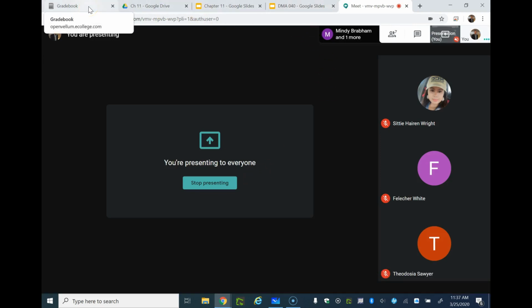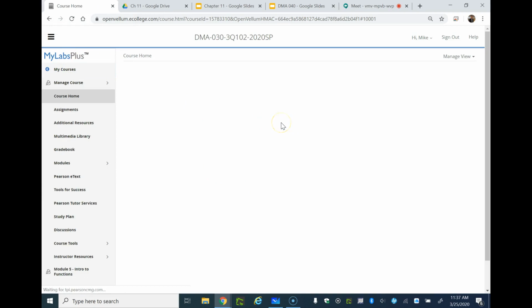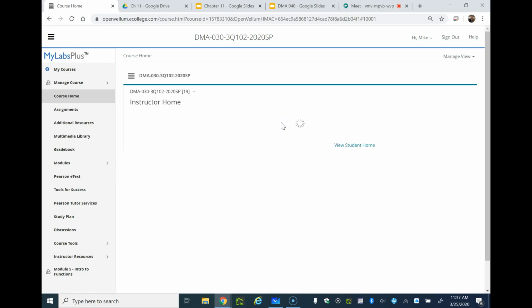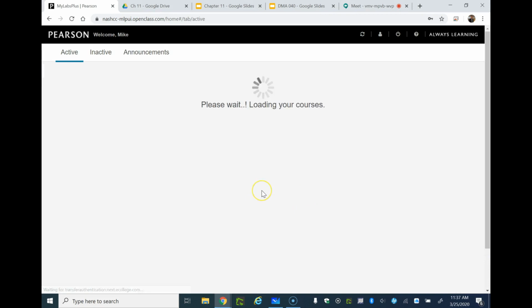Okay, looking at the majority of everybody that's working on DMA 40, you are pretty much done with section 1, but I still wanted to go over a few problems from that section.